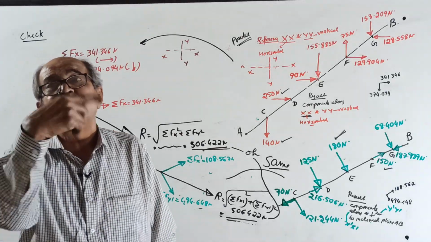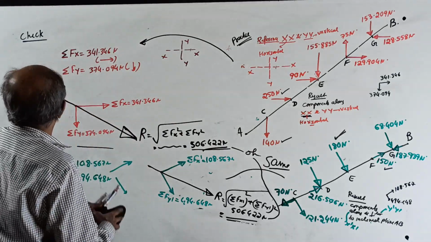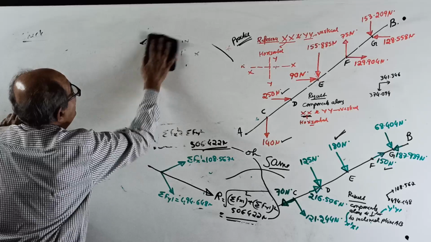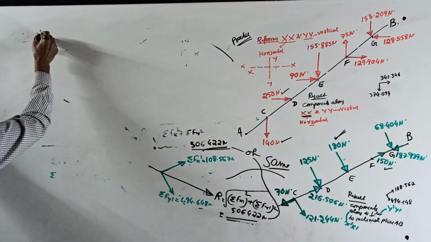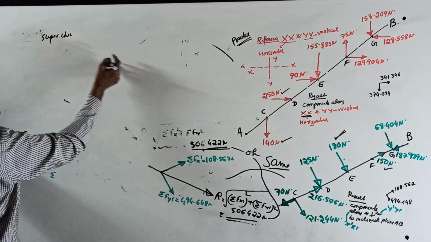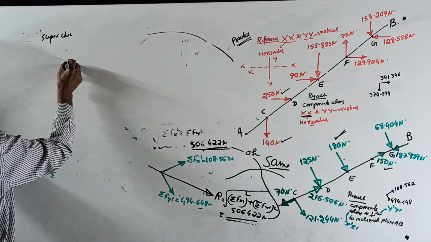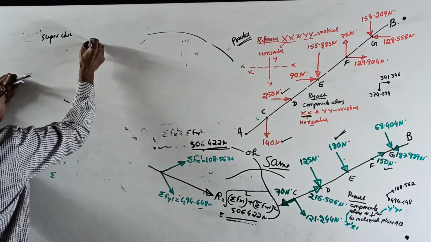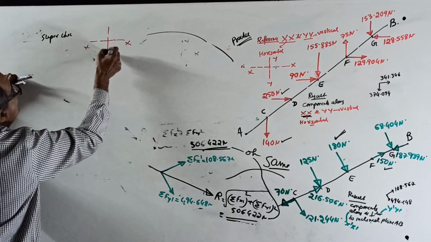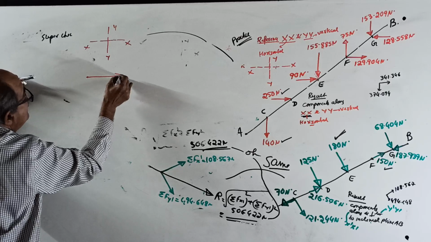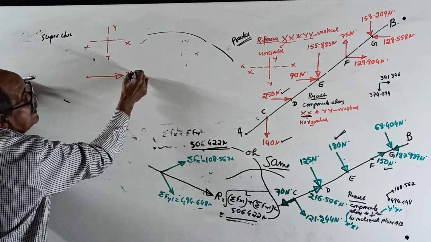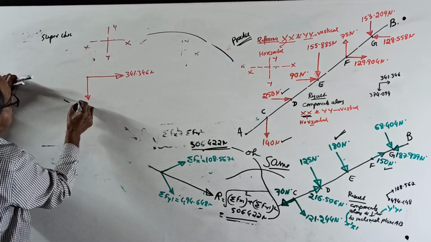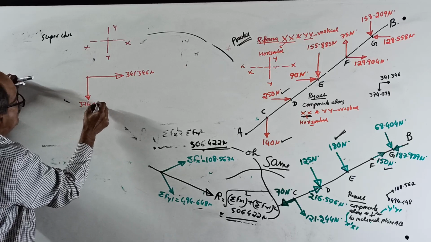Now I will tell you one super check. You try it. First I have to finish. First time, when you took xx and yy this way, you got a horizontal force of 341.346 Newton and a vertical force of 374.094 Newton.